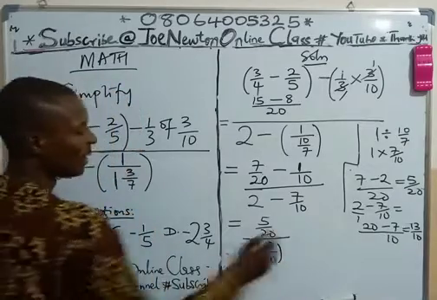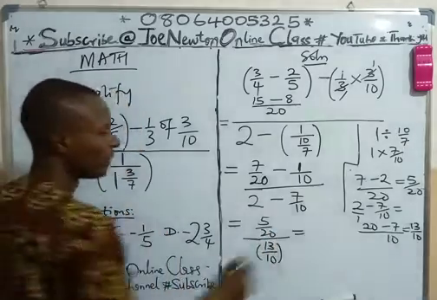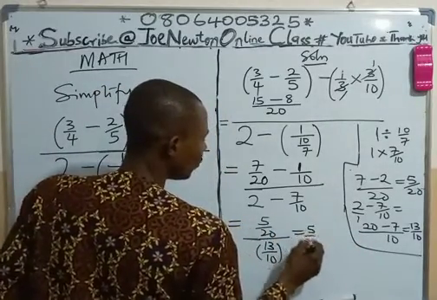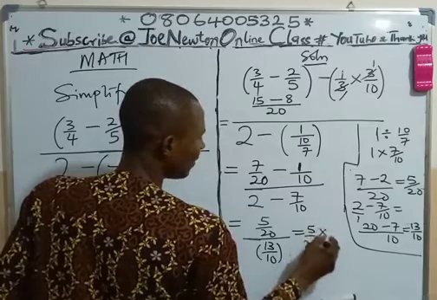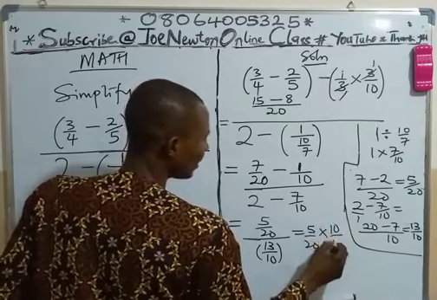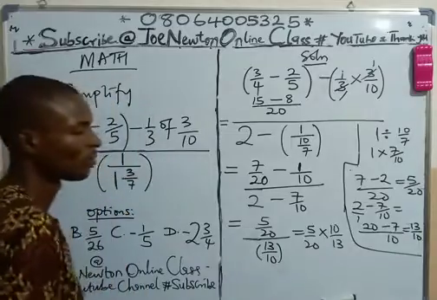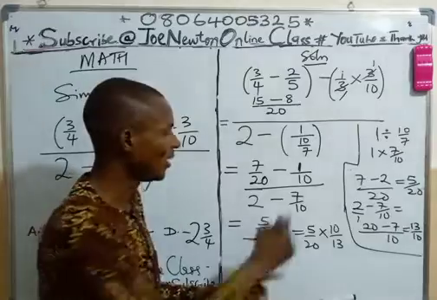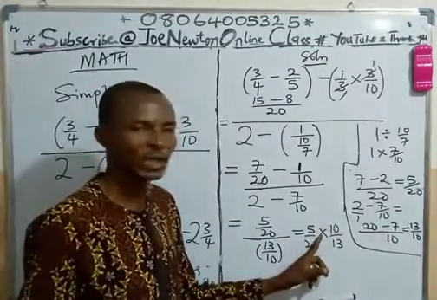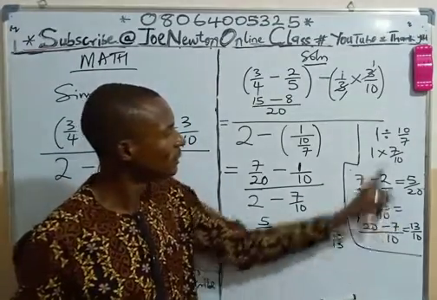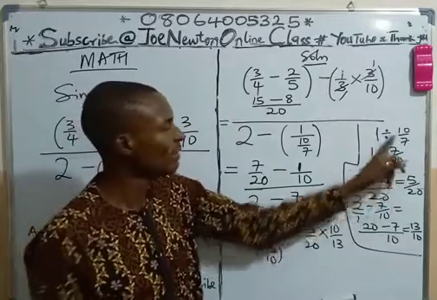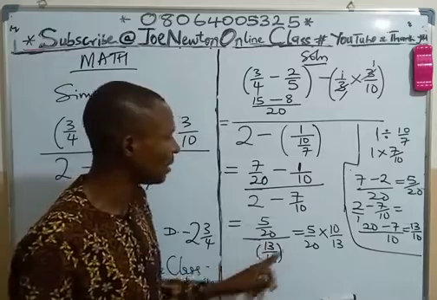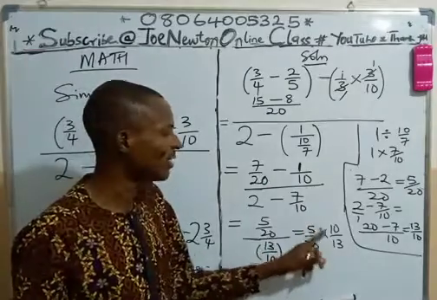This will be equal to 5 over 20 times 10 over 13. How? Because when a fraction is being divided by a fraction, you invert the fraction and put the sign of multiplication, like what we did here. So 5 over 20 divided by 13 over 10 will transform into 5 over 20 times 10 over 13.